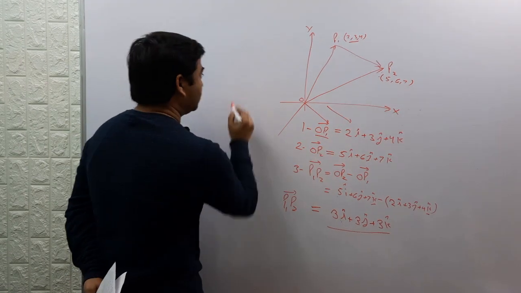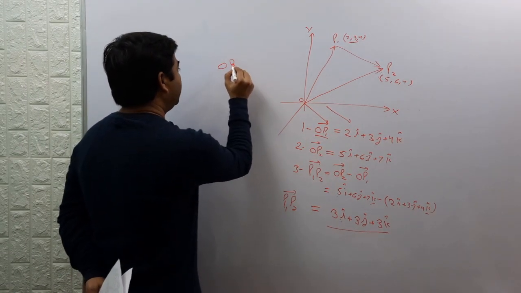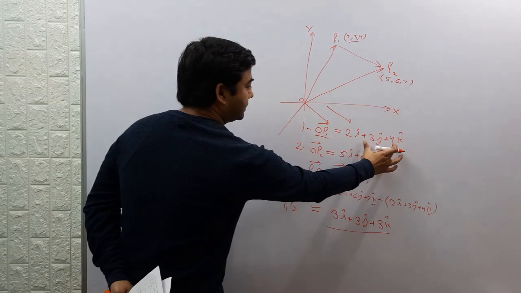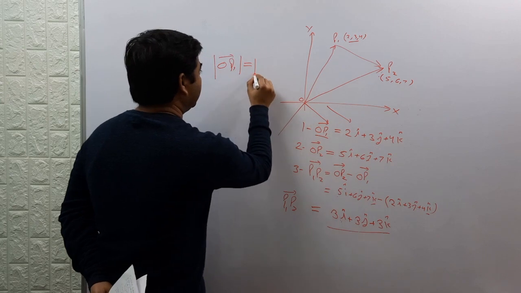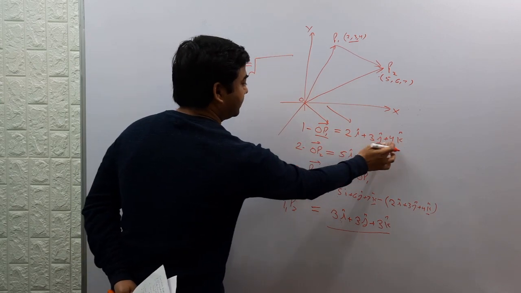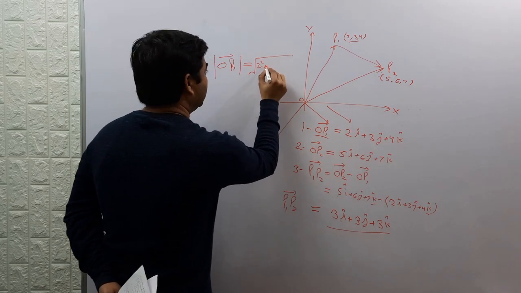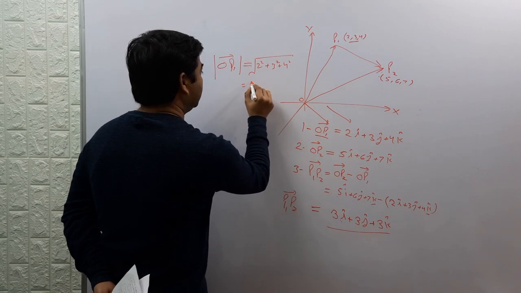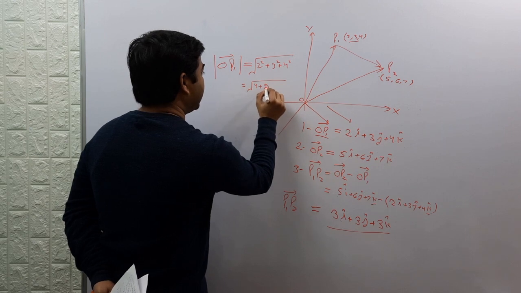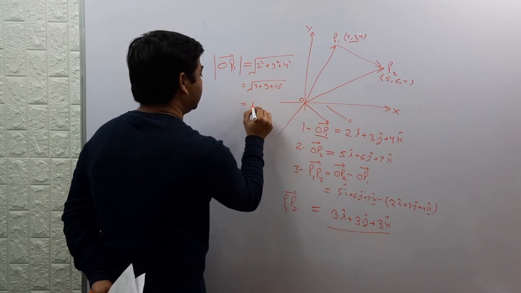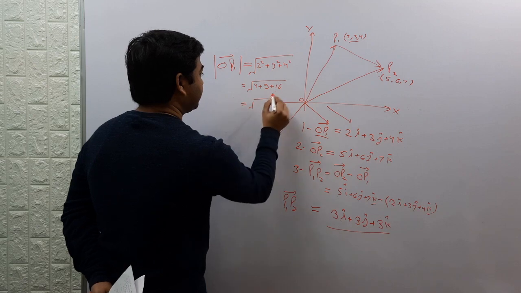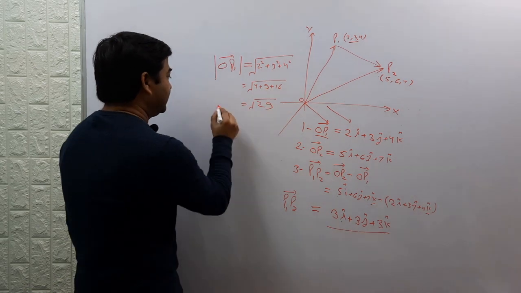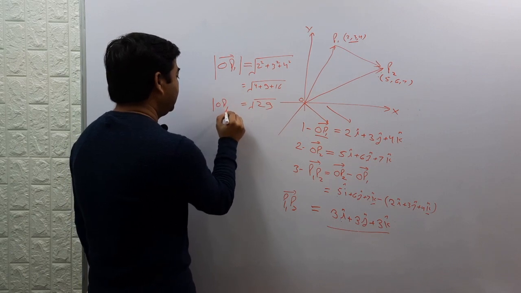The modulus of vector OP1 is under root x square plus y square plus z square. 2 square plus 3 square plus 4 square is 4 plus 9 plus 16, which is under root 29. That is the modulus of vector OP1.